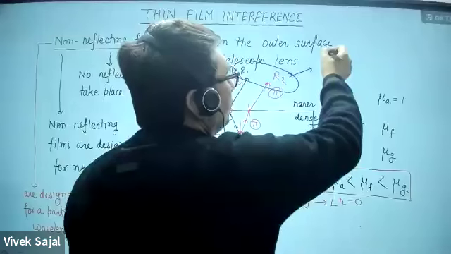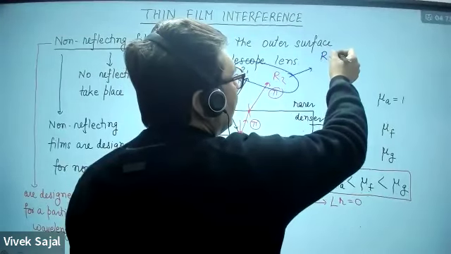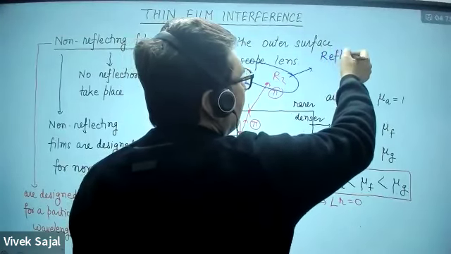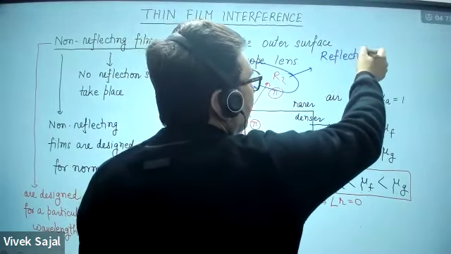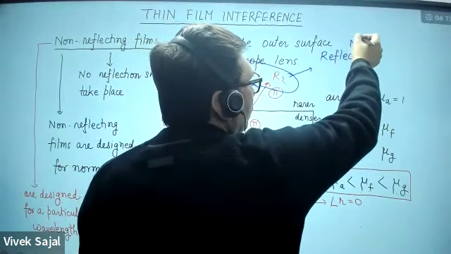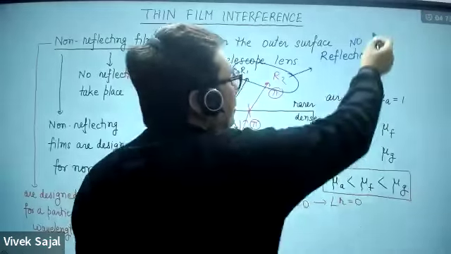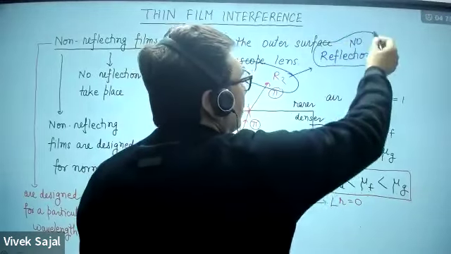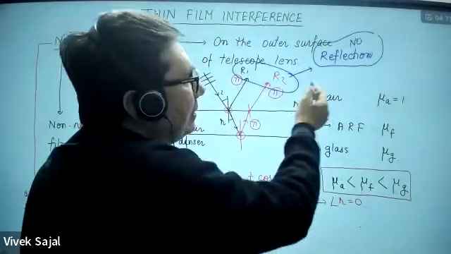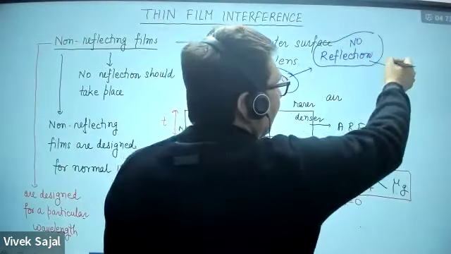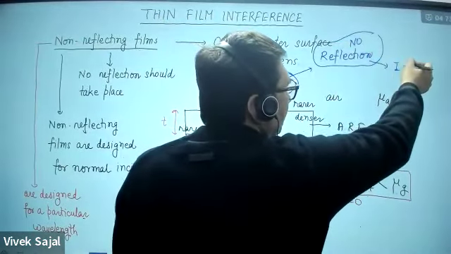It means in the reflected light, intensity should be 0.